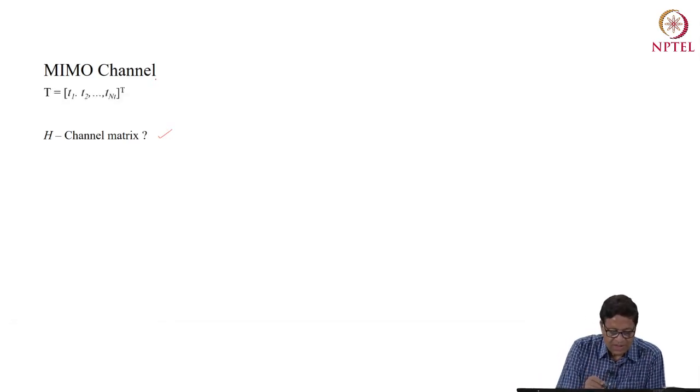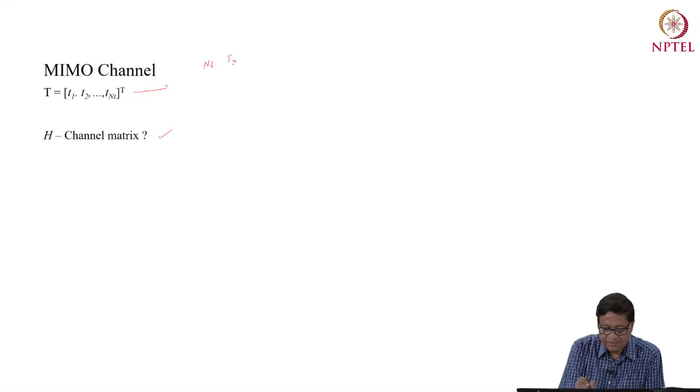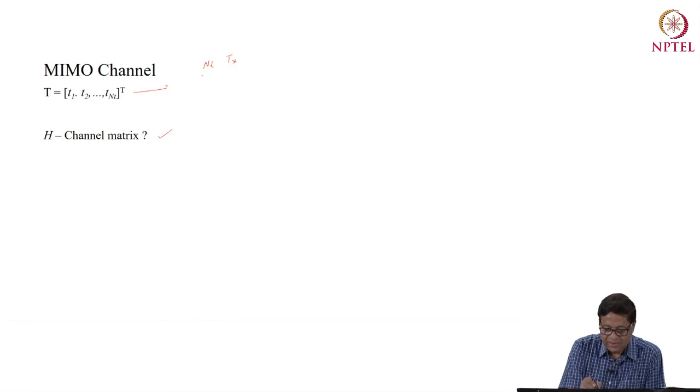So let us assume that this is a transmit vector, T1, T2 to TNT. I'm assuming NT TX. So this is the transmit vector, capital T. TI here is the input data stream convolved with the impulse response of the LED. So this is what this TI is.